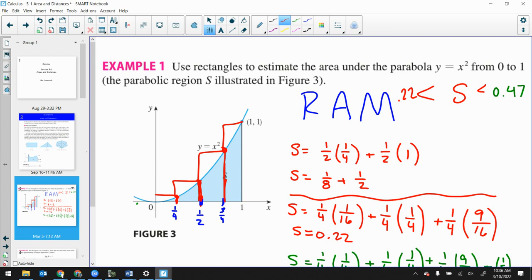So you know what we're going to do here? We're going to calculate overs and unders and overs and unders until we know where it's actually going to end up.